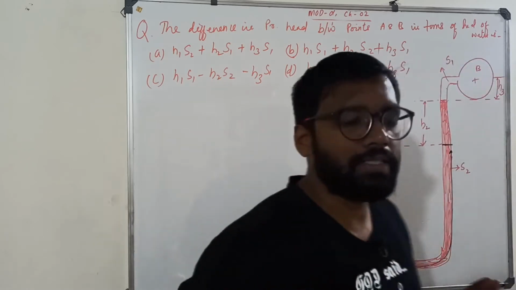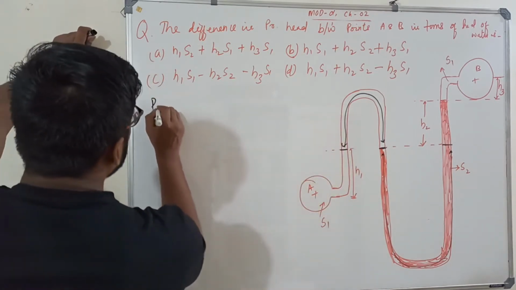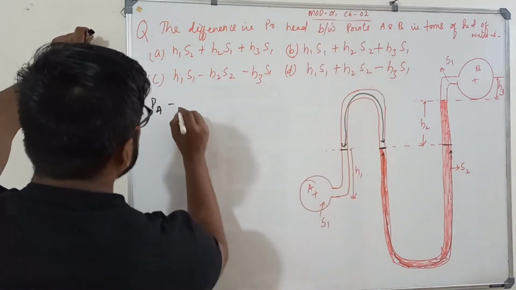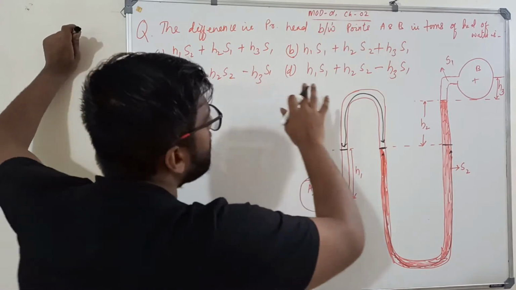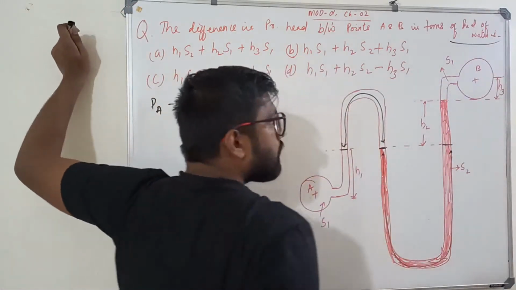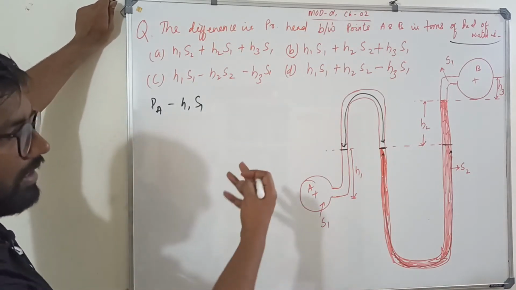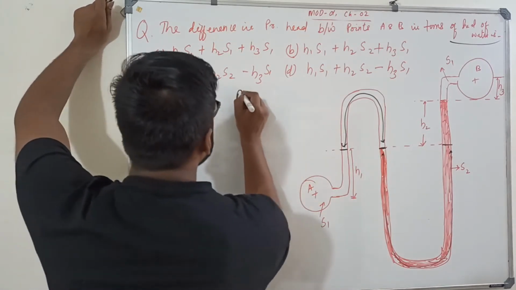Now directly write the gauge equation. See, left hand side, PA going up, so minus H1 S1. Ignore g because they are asking the height in terms of head of water. So don't get confused. So PA minus H1 S1. Left side over. Now go to right hand side. What is there? PB.